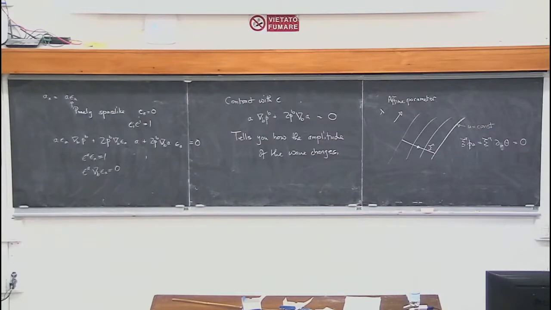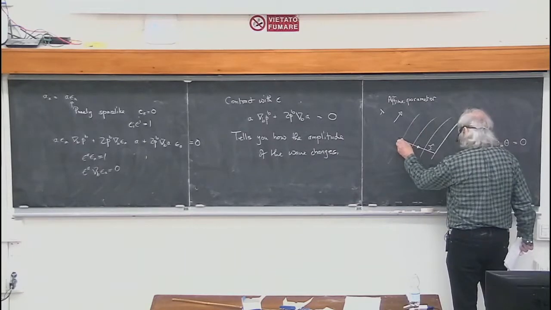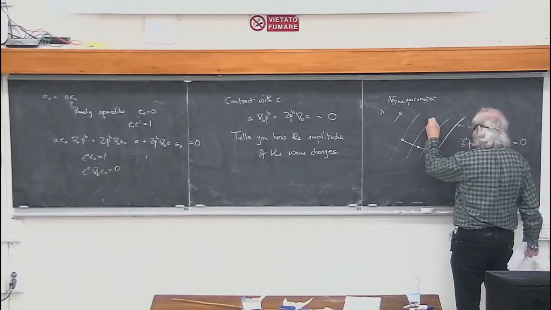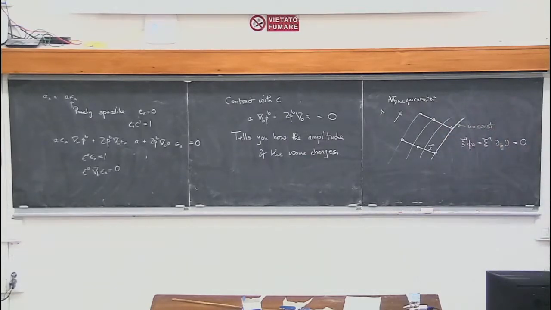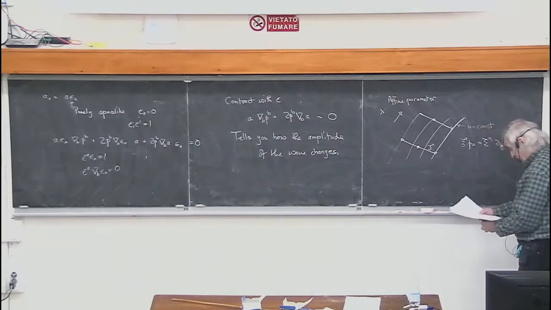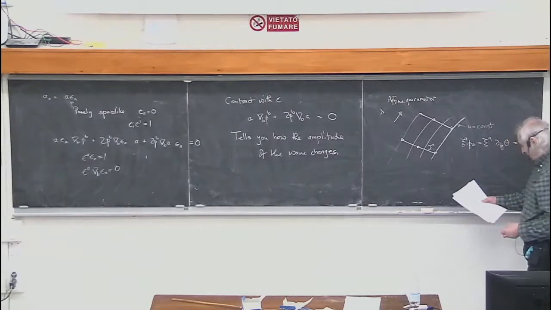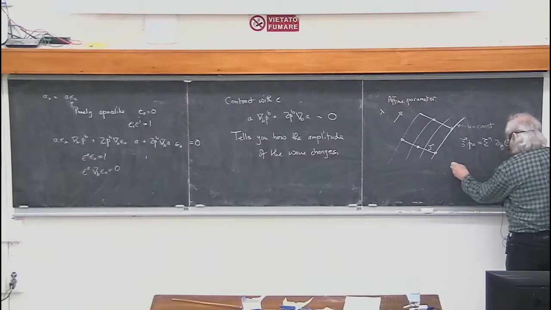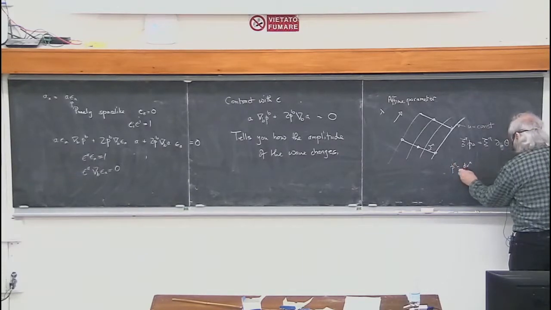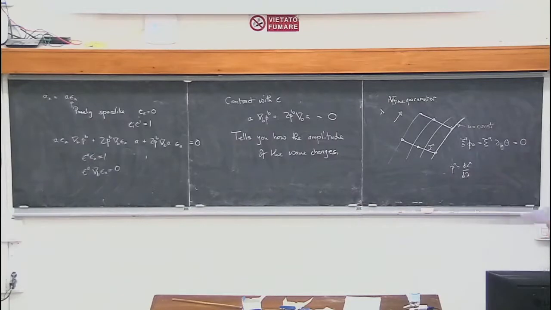Then what you do is you ask how this propagates along the light rays. So if you take this light ray and this light ray and move up here, then the way in which psi changes will tell you about how far the light rays have spread apart. Because this is affinely parameterized, I'd like P^A to be dx^A by d lambda, so that the thing is geodesic and lambda is the appropriate parameter, and I know that P will obey the geodesic equation.